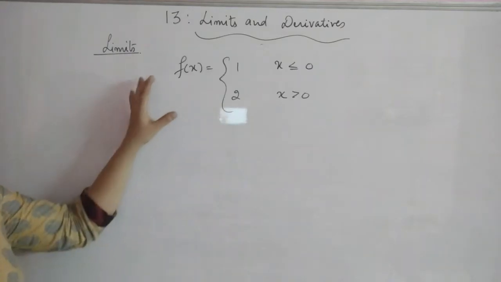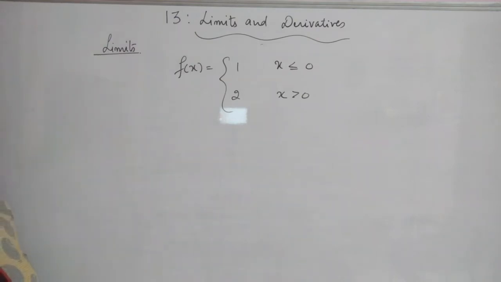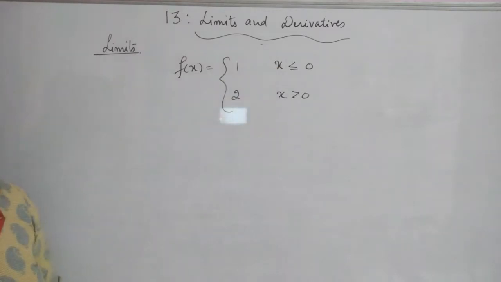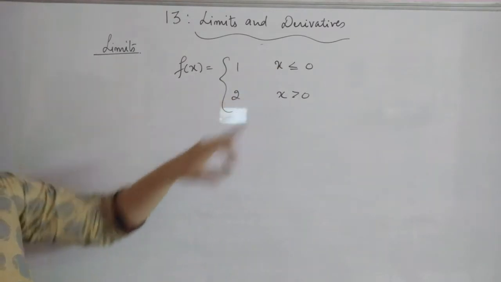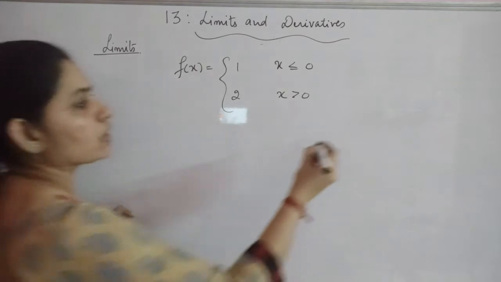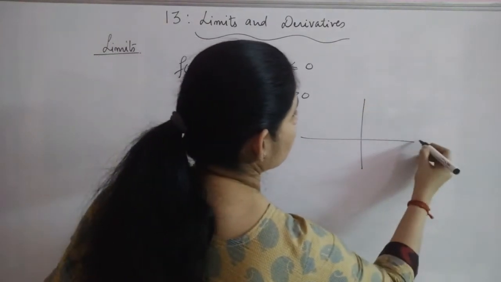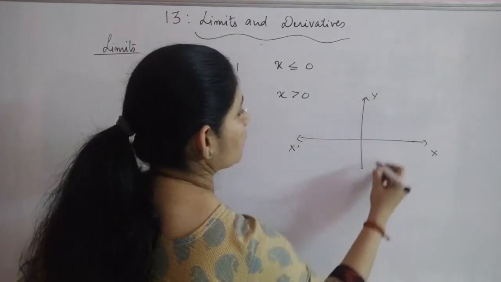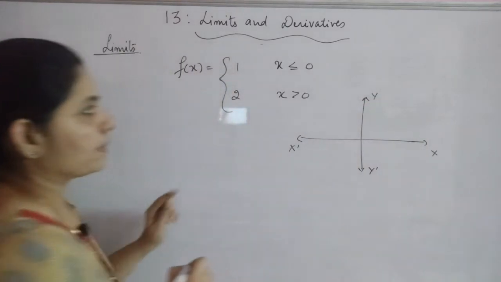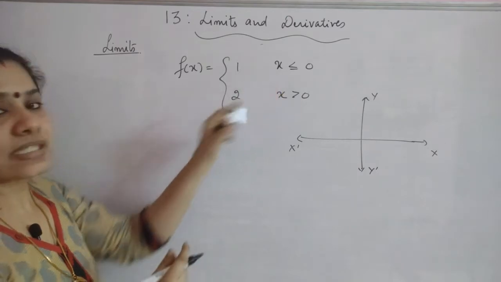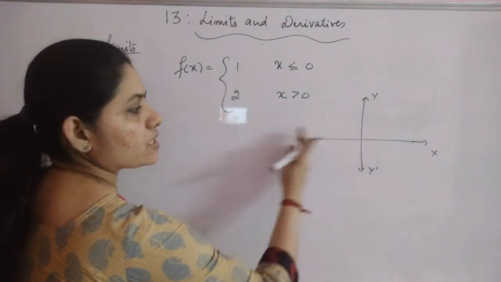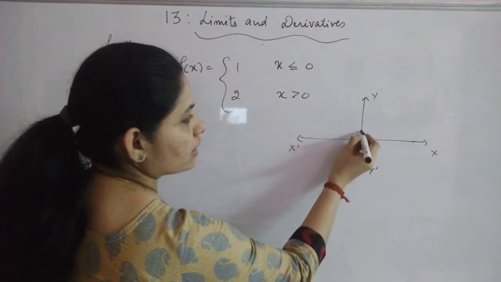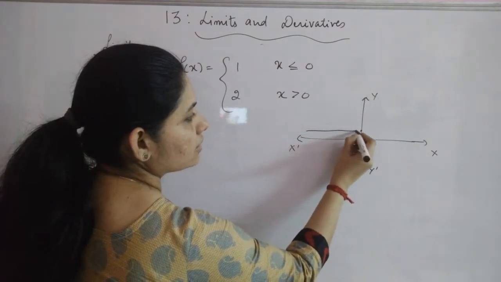Okay. Now let's consider this one, that is f of x. It has two values: 1 when x is less than or equal to 0 and 2 when x is greater than 0. What will happen to the graph of this function? How will you draw? This is x dash, y dash. Now when x is less than or equal to 0, it is to the left side of this axis. So here you will have the value of the function to be 1, that is it will be a straight line like this.